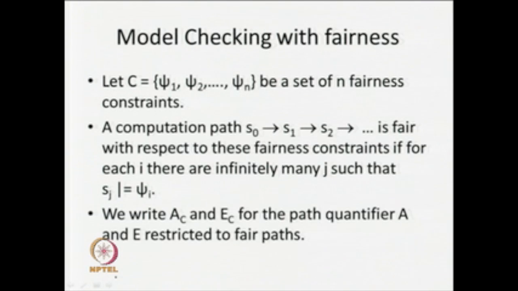So, in the general situation, we write these as AC and EC, the path quantifiers A and E restricted to fair paths. AC says all paths with respect to this fairness constraint, that means all fair paths. EC says there exists a path with respect to the given fairness constraint C, that means we are looking for a particular fair path.